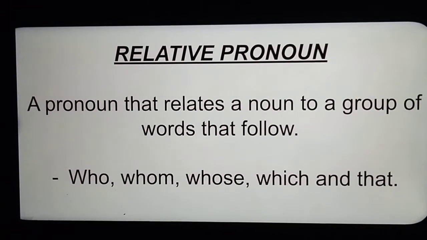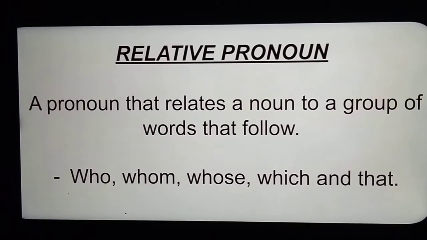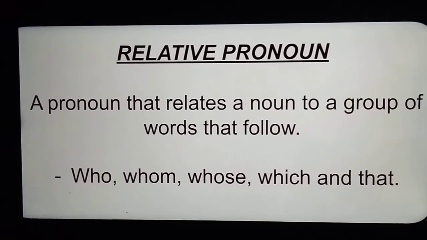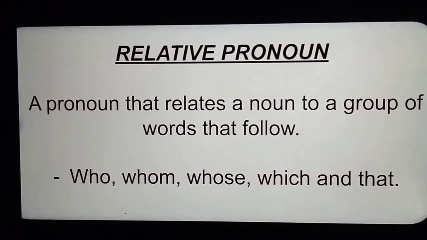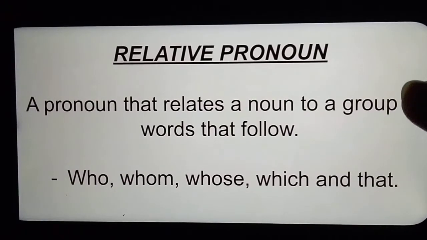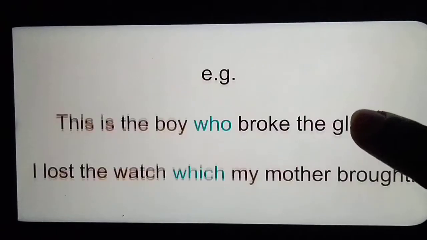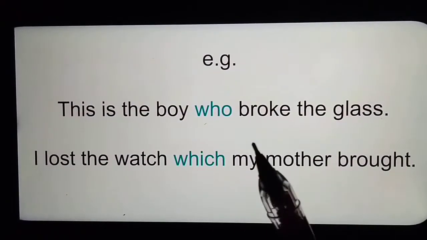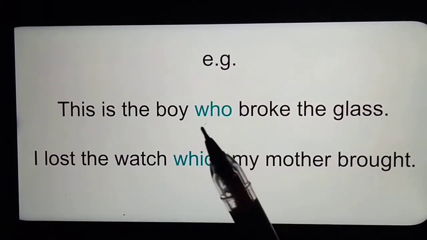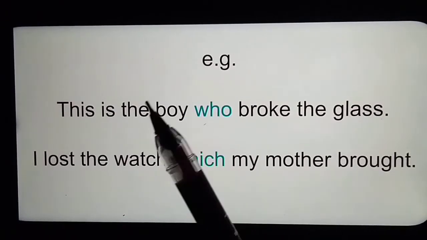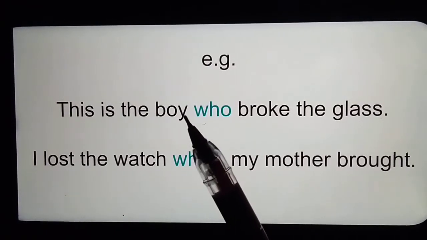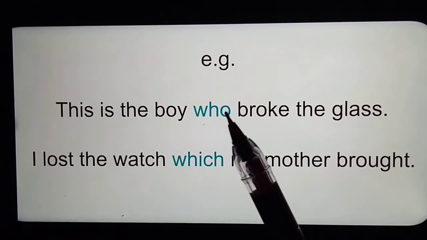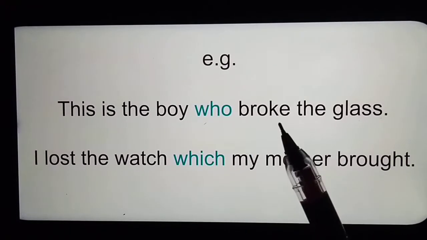Next is relative pronoun, a pronoun that relates a noun to a group of words that follow. Basically it shows relation between a noun and a group of words. Words like who, whom, whose, which, and that are used as relative pronouns. For example, this is the boy who broke the glass. Now this word is telling about this noun, the boy, plus it is showing relation between this noun and this group of words.